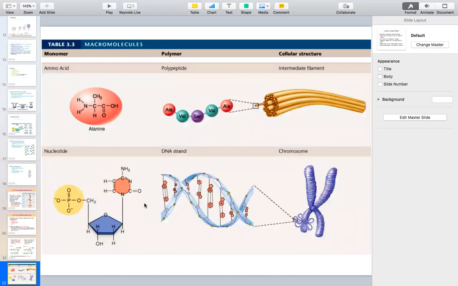So here is how the macromolecules get into these large structures. Here are our amino acids. We join a bunch of amino acids together, we have our polypeptides, and then ultimately we have protein structures like the cytoskeleton. Or we have a bunch of nucleotides, we join them together, and then we have our DNA strand that, if it gets all coiled up, we have a chromosome.